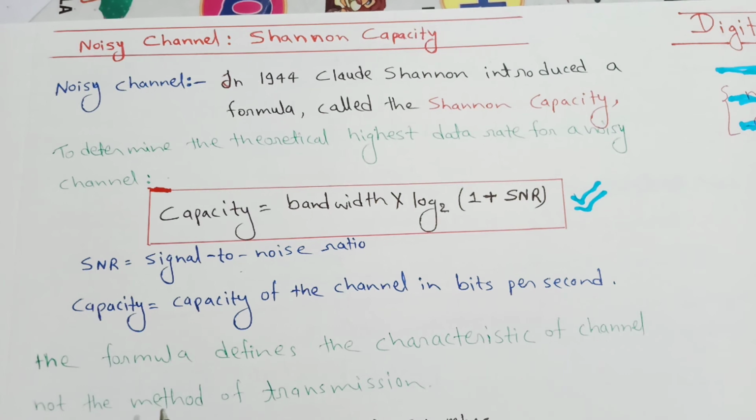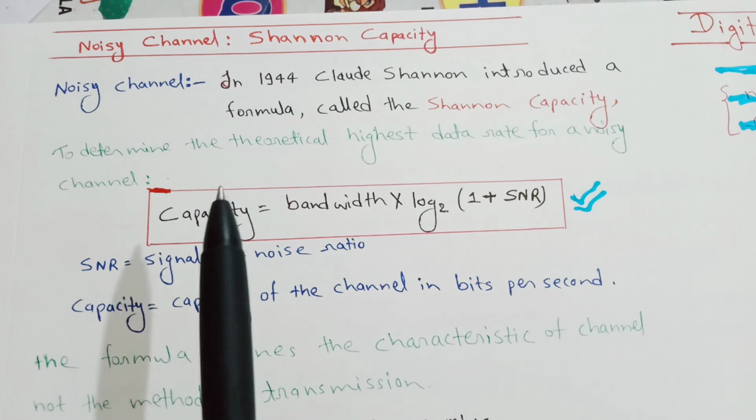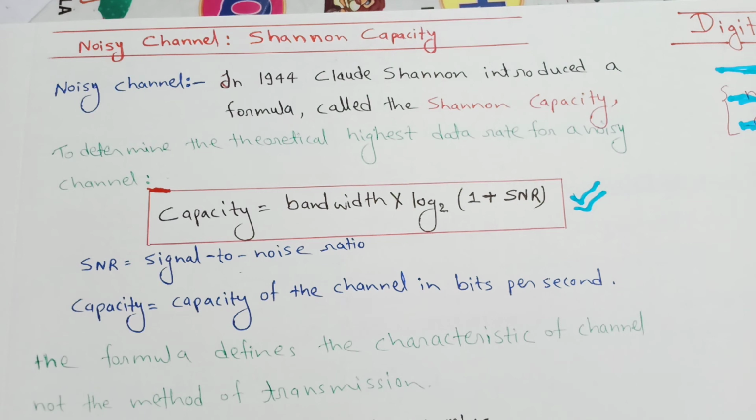Note: the formula defines the characteristics of the channel, but not the method of transmission. This is called Shannon capacity. It is not so important from an examination point of view, but it is in our syllabus, so I am discussing it here.